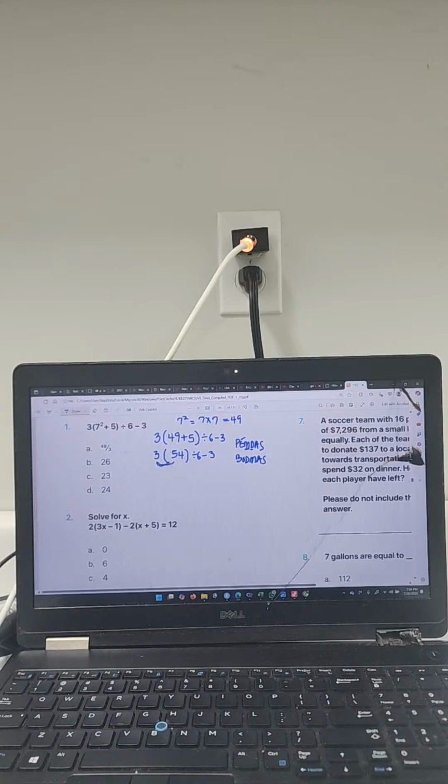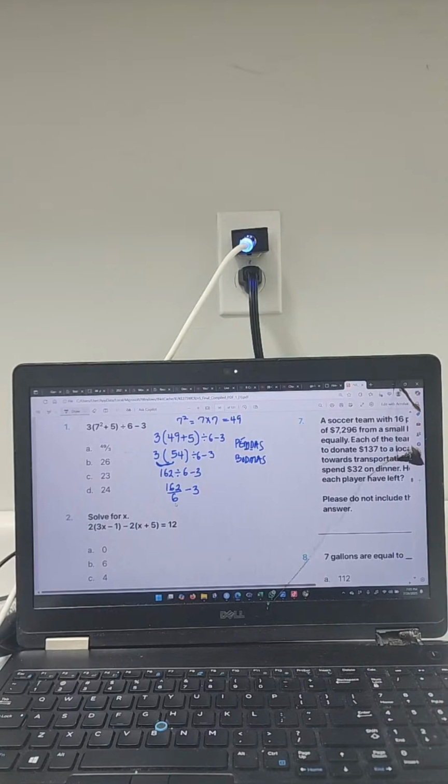So here, 3 times 54 is going to be 162, divided by 6, minus 3.